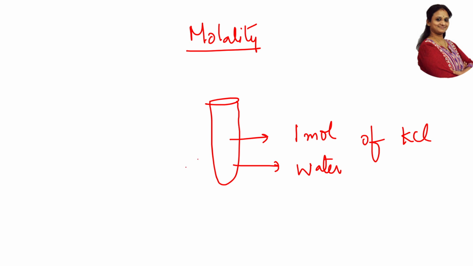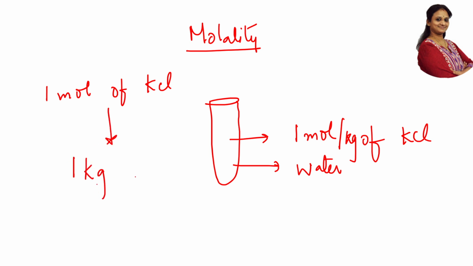What do I mean by this? I'm saying 1 mole per kg of KCl. That means 1 mole of KCl is dissolved in 1 kg of water.